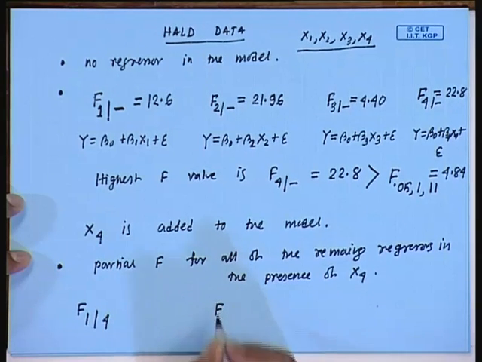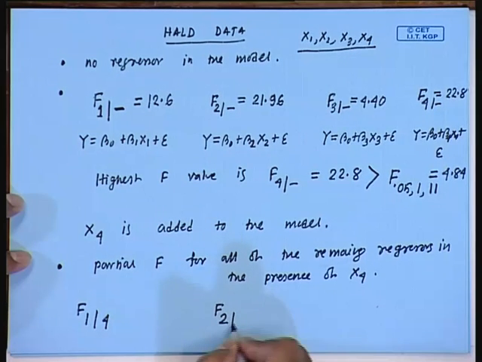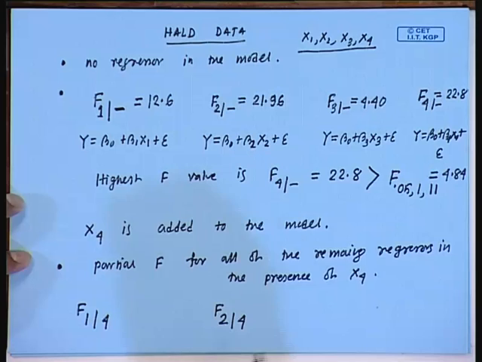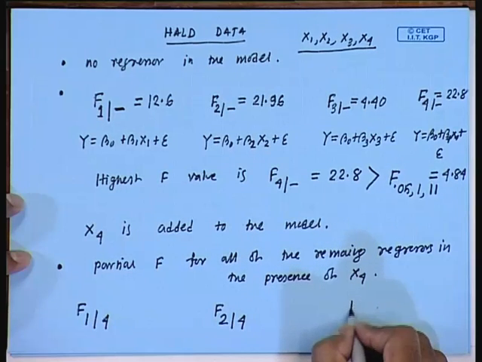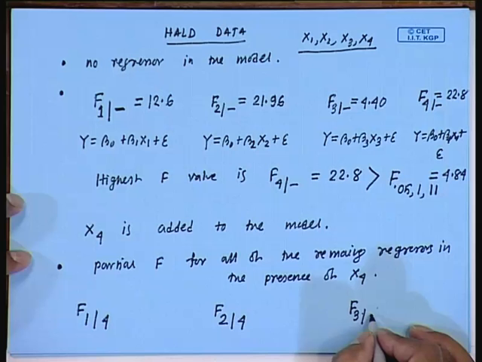We will compute the partial F statistic associated with x2, that is F2 in the presence of x4 in the model, and also we compute F3 in the presence of x4 in the model.